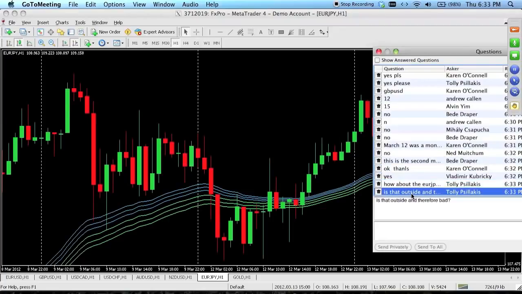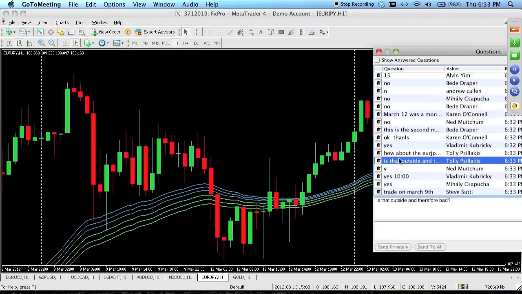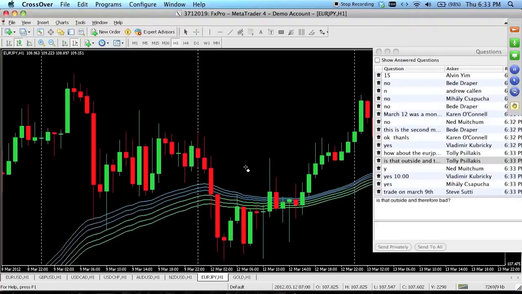on the 12th? Valdemar says yes. Yes, okay, there's a trade on Euro Yen on the 12th. Let's see. Do we have a trade now? I see a pair right here. Okay, we are outside our zone now. We have now touched it.